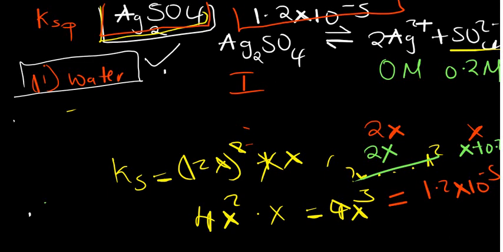Because we are only showing, and I'll repeat, we are only showing the ions that are present in the solid of our interest, which is that one. So if the added salt or whatever solid you've added in the solution is not adding silver and sulfate, it will not have any effect on its solubility.